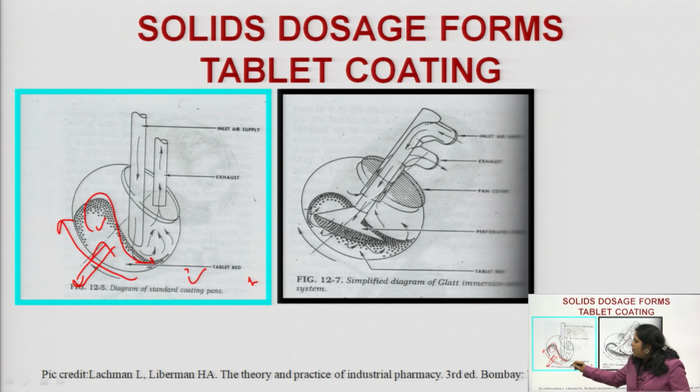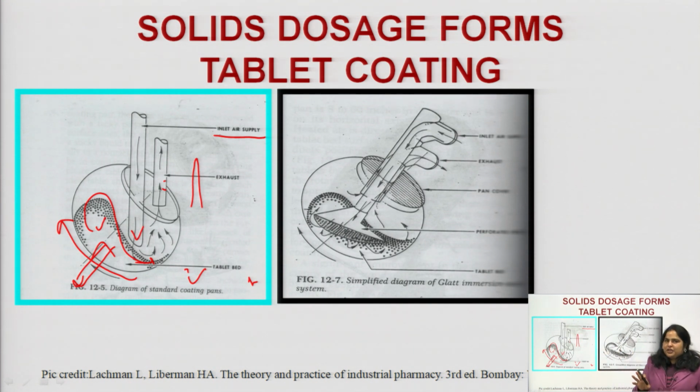So, now the rotating pan is moving and there are two pipes, two tubes. This tube is for air supply, inlet air supply. This air has sufficient temperature and very low humidity. When this air comes into contact with this tablet bed, it absorbs the moisture and the solvent vapors from the tablet bed, leading to drying of the film former, making a smooth coat on the tablets.